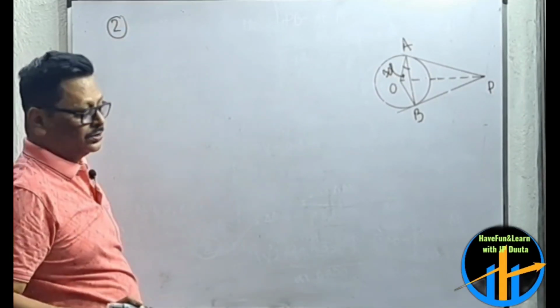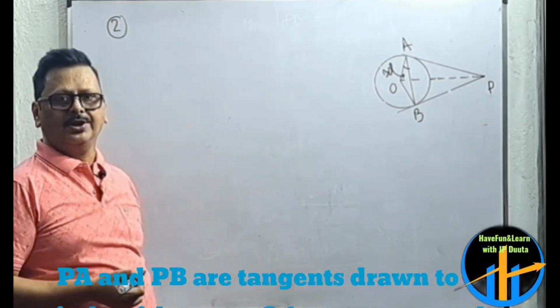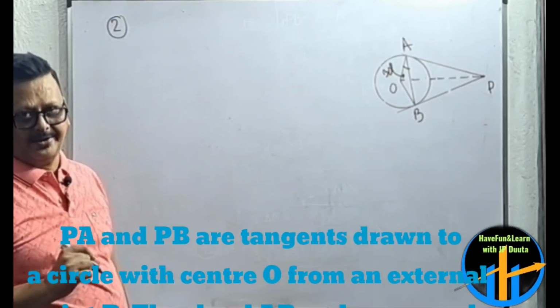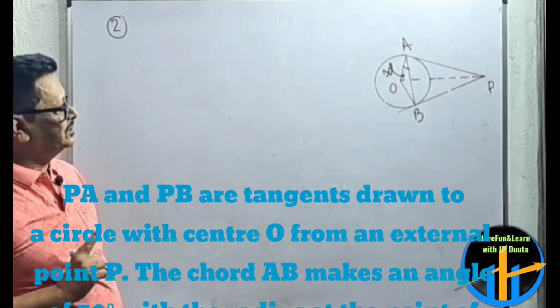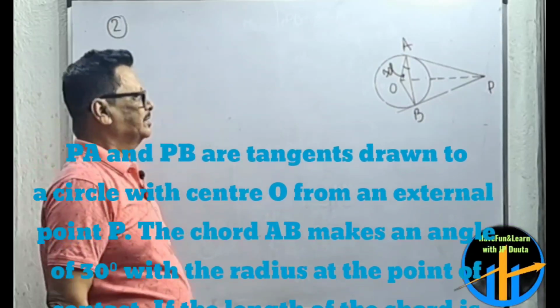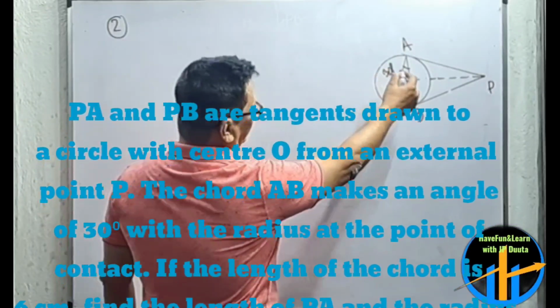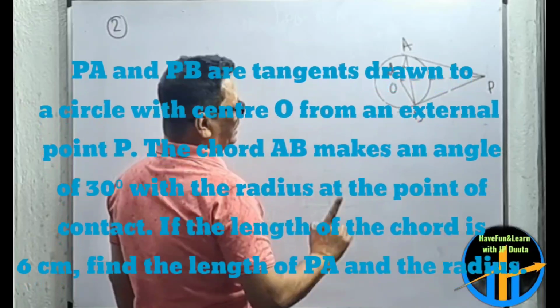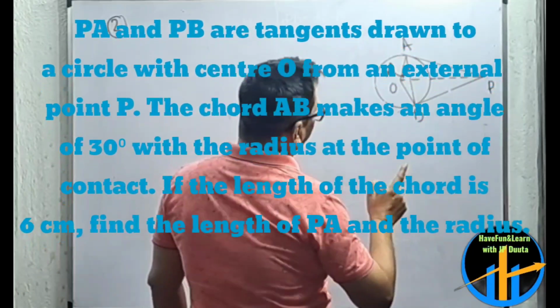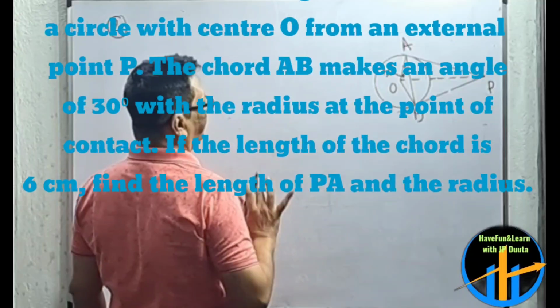Now we come to problem number 2. See, the question is on the screen. Please pause and write it. Now I explain the question. There is a circle here with center O. P is an external point from which 2 tangents are drawn, PA and PB.